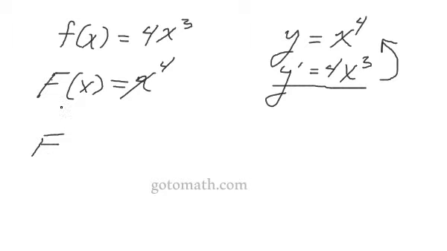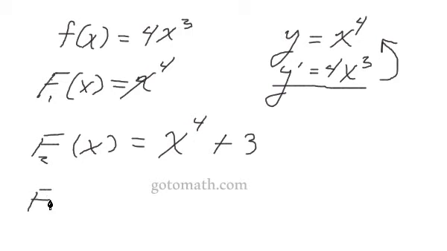We'll label this as 1 and this one as 2. That's an antiderivative of f of x up here, and we'll label this as F sub 3 there: x to the fourth minus 10, let's say.